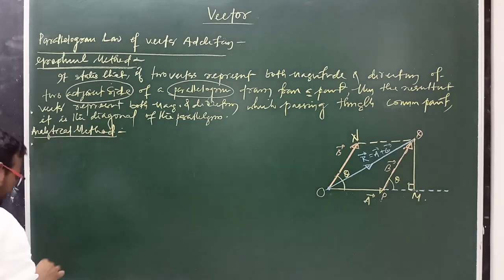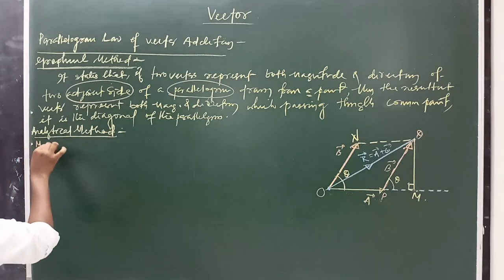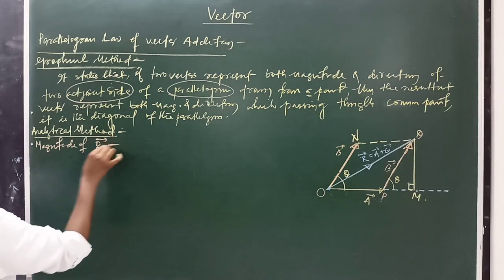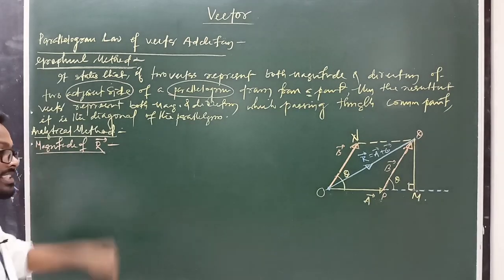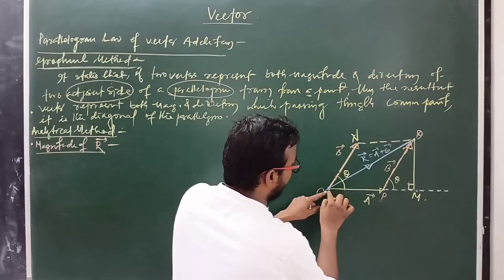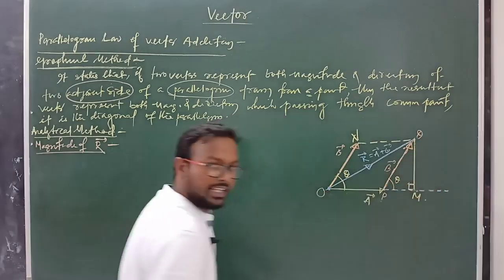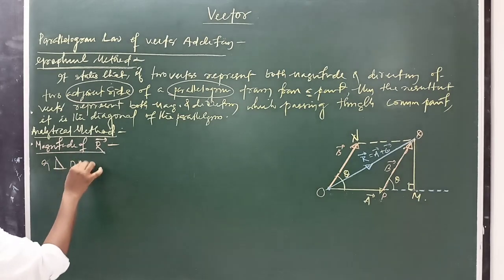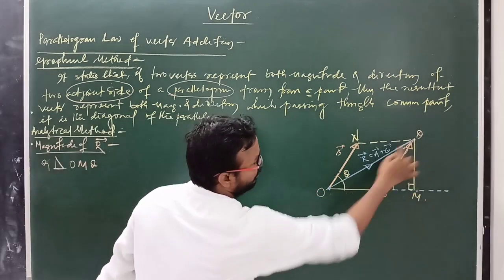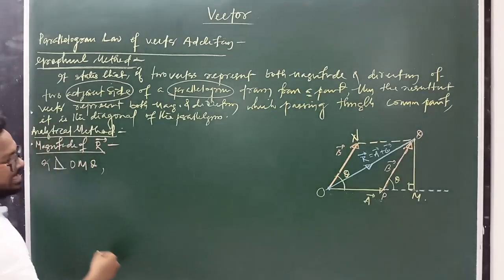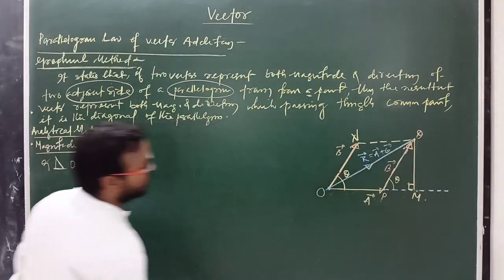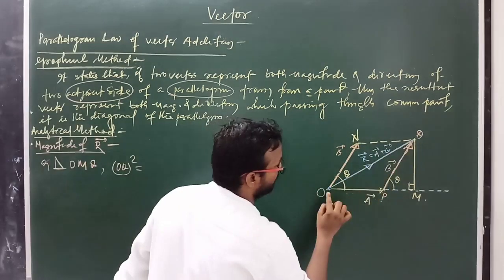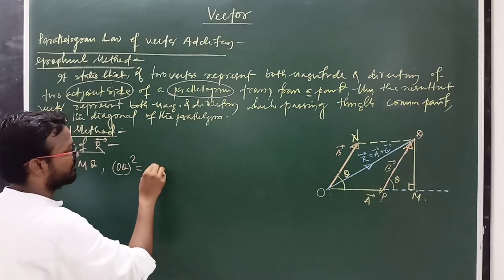In the analytical method, we have to find the magnitude of the R vector. So what is the magnitude here? Look at this right angle triangle OQM, the same triangle. In this right angle triangle OMQ, we can write by using the Pythagoras formula: OQ square equals OM square plus MQ square.